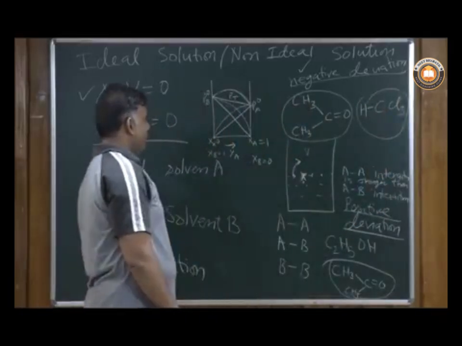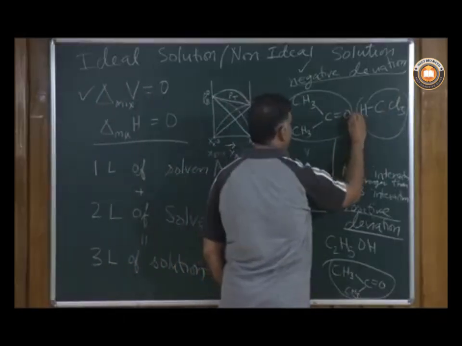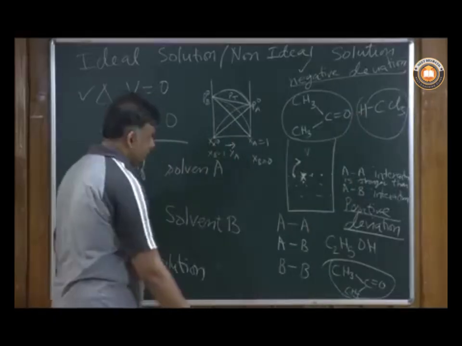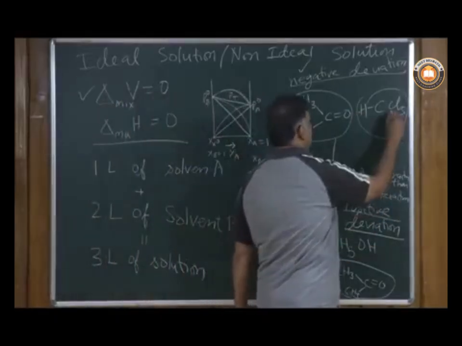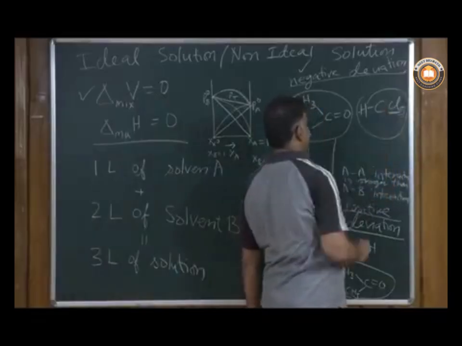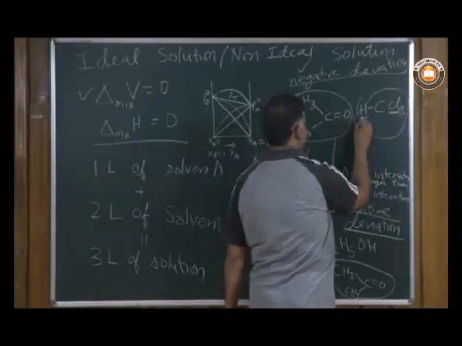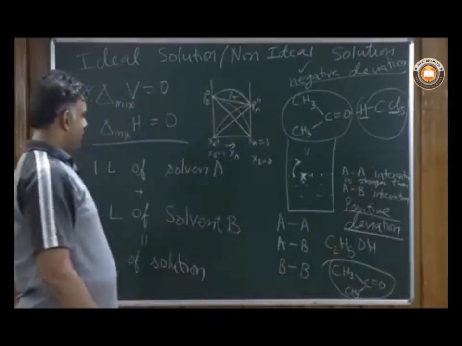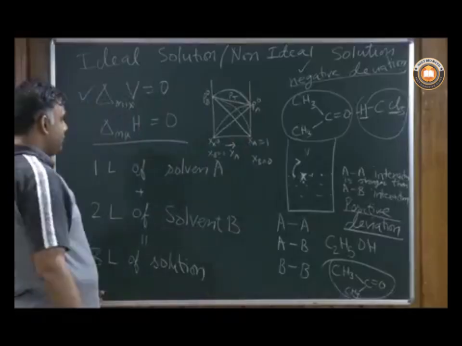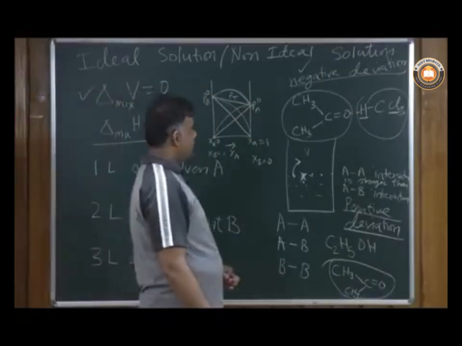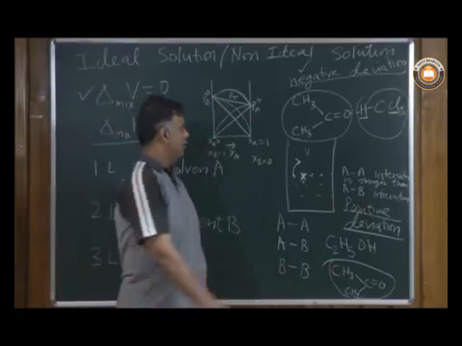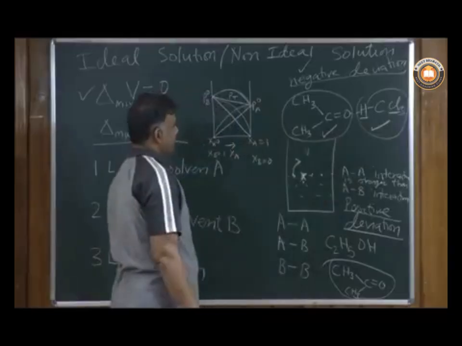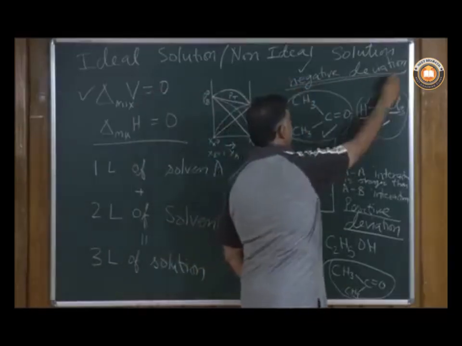But once we put them together, there is hydrogen bonding between this oxygen and hydrogen, as there is a very powerful electron withdrawing group over here. So, it will withdraw all the electron density, making it quite polar, and now they can have hydrogen bonding. So, that will lead to stronger interaction between A and B, and as we have discussed, that will lead to negative deviation.